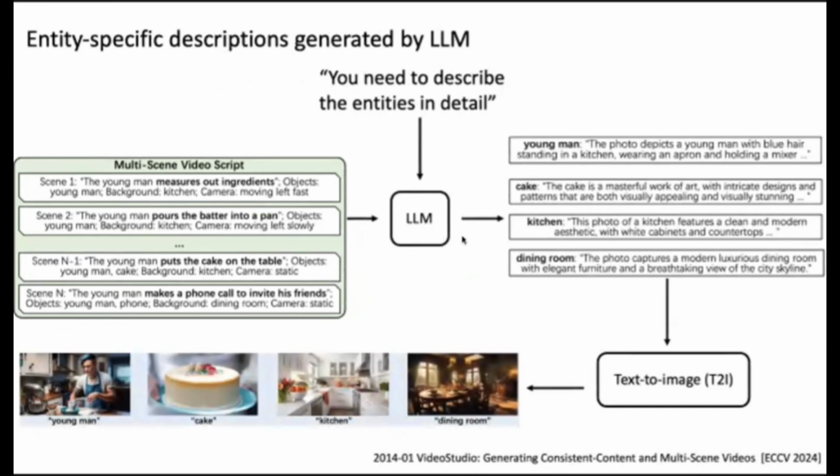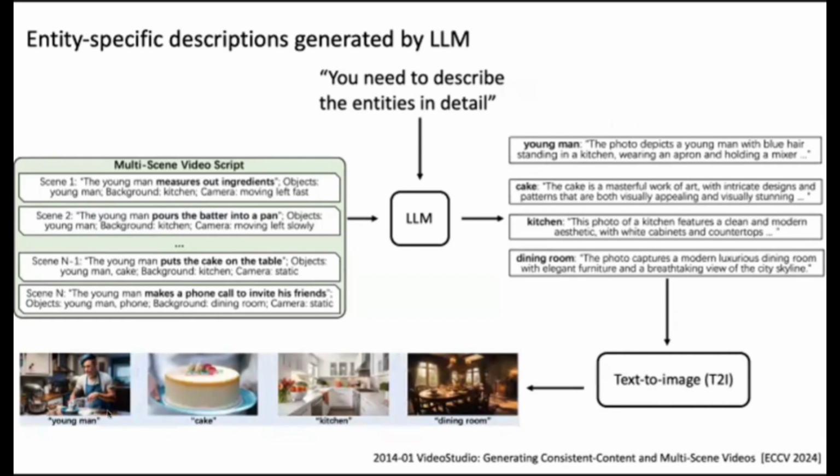And also, we can make the large language models describe the entities in the long videos in detail. For example, the large language models can act as a director to first describe the young man and cake, the kitchen, and the dining room. And we can feed these entity descriptions into a text-to-image model, and we can get this appearance image.